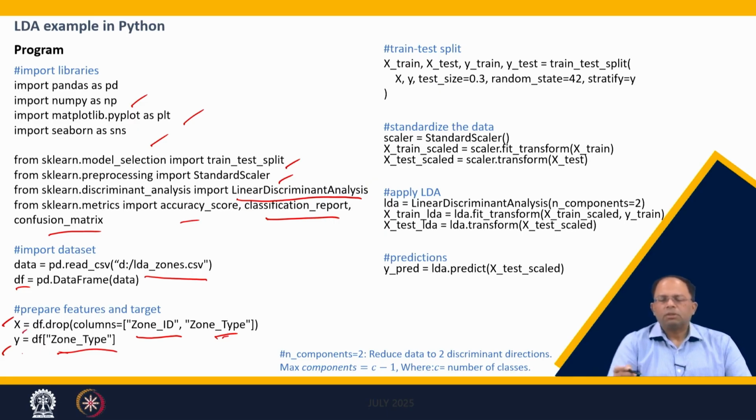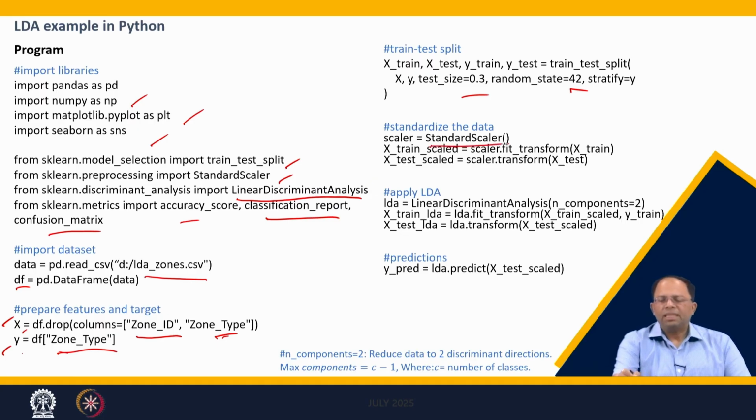The next job is to do the train test split, and we have taken the test size as 0.3 and random state 42. That is how we first divide the data into two parts, and then we start to build the model.